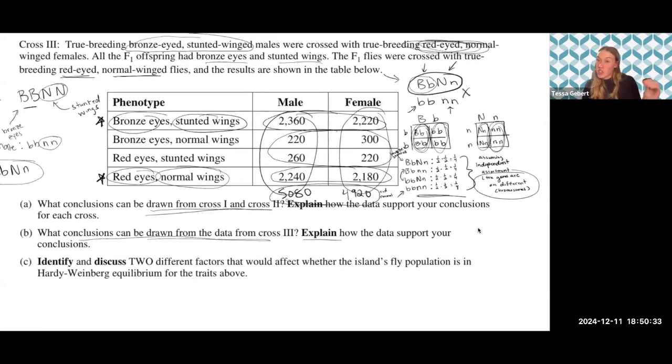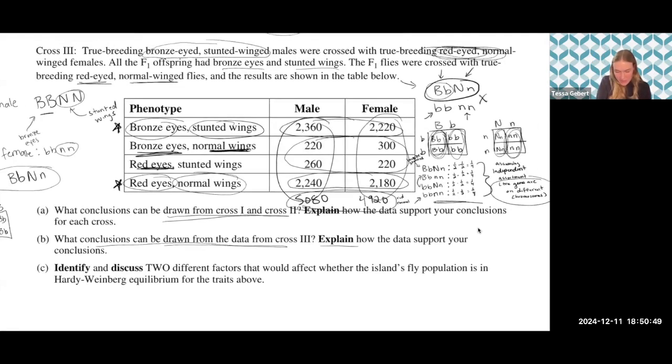I can, and I should, mention that we see a higher proportion of the parental phenotypes. And if you're really going for it, this is also considered evidence. You can mention how we get the non-parental phenotypes here. How do I get these mixed up ones? Well, maybe you recall, it comes back to this idea of crossing over.